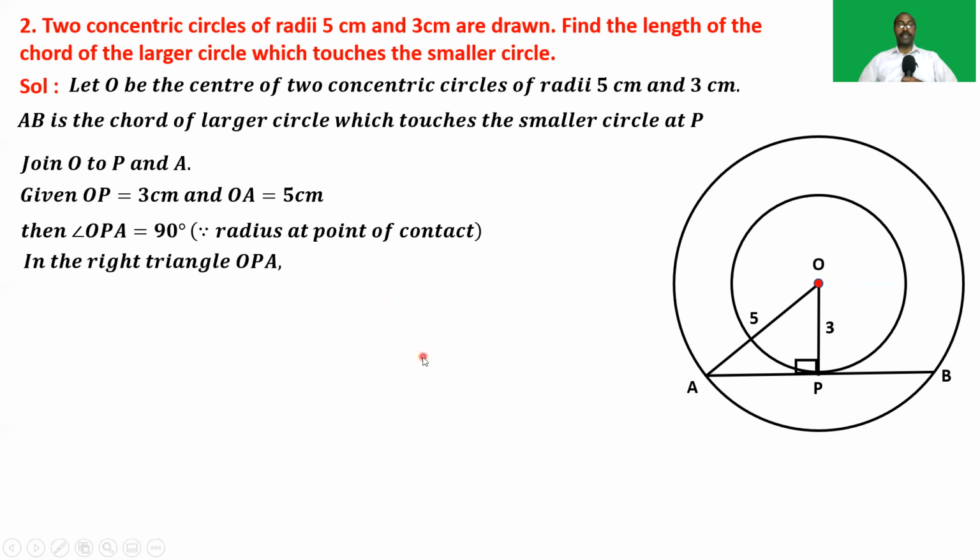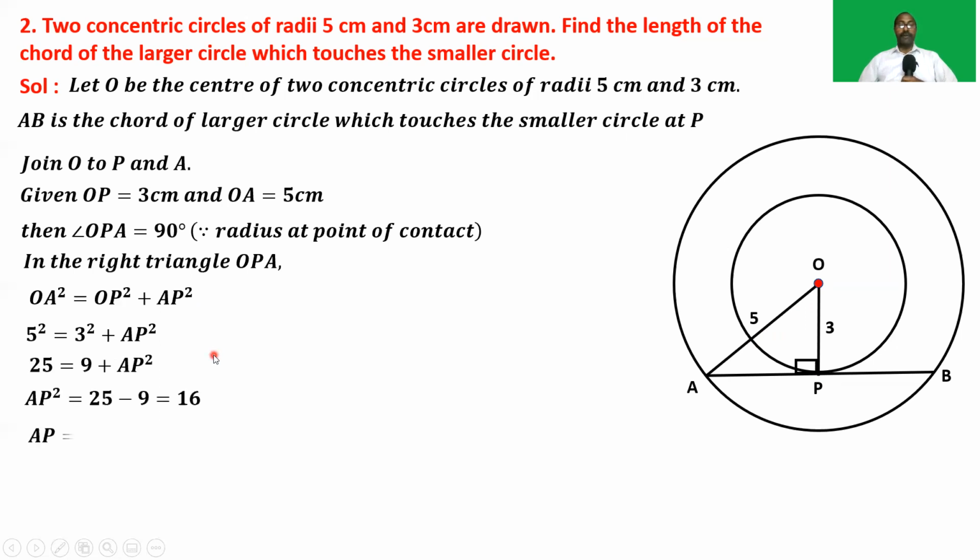And now in the right triangle OPA, by Pythagoras theorem, we have OA square is equal to OP square plus AP square. So by substituting the values OA is equal to 5 and OP is equal to 3, 5 square is equal to 3 square plus AP square. And from this we get AP is equal to 4. But we know that the perpendicular drawn from the center to a chord bisects the chord.